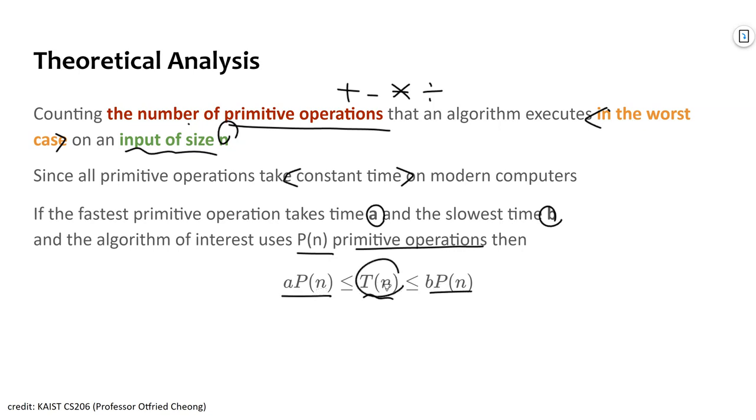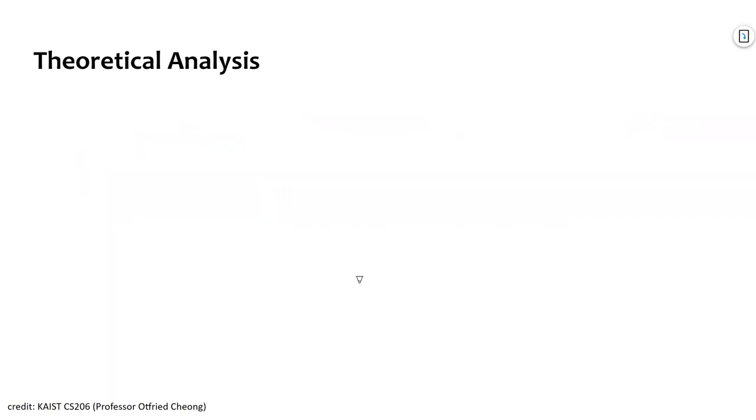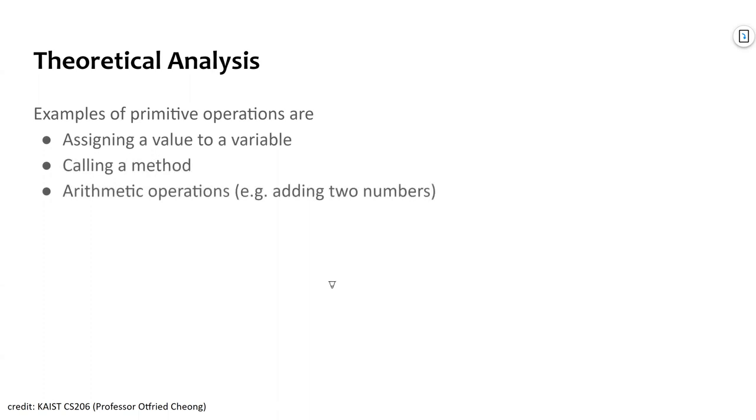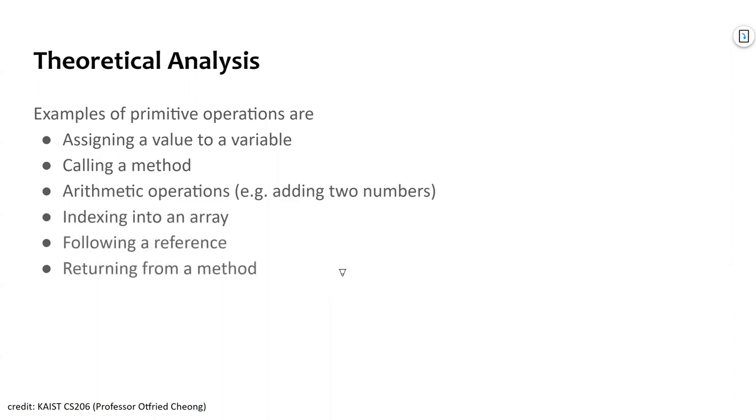So our computation is bounded by these two numbers. Examples of primitive operations are assigning a value to a variable, calling a method, arithmetic operations, adding two numbers, indexing into an array, following a reference, returning from a method, these kinds of things.